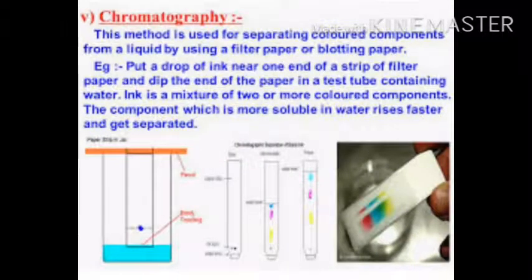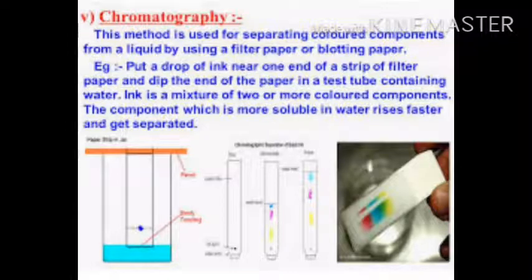Now, chromatography. This method is used for separating colored components from a liquid by using a filter paper or blotting paper. Chromatography is the most modern and versatile method used for the separation, purification and testing of purity of inorganic and organic compounds.